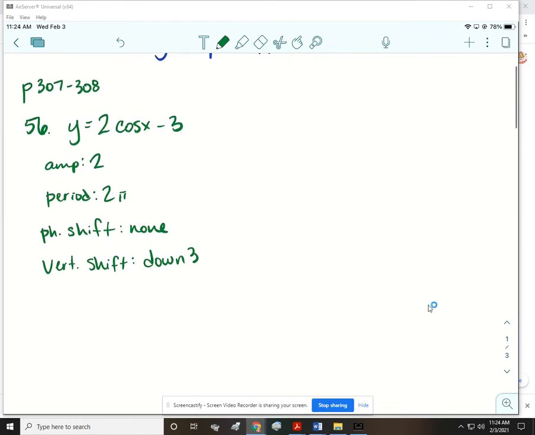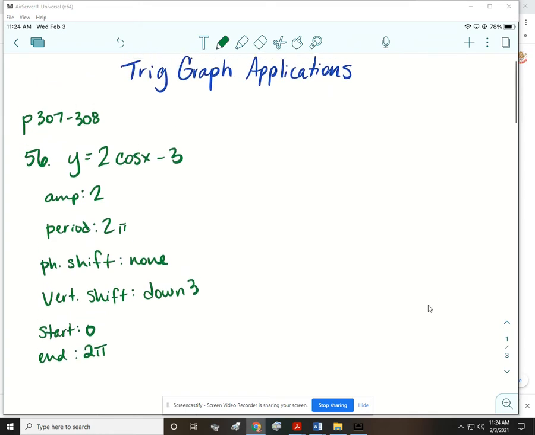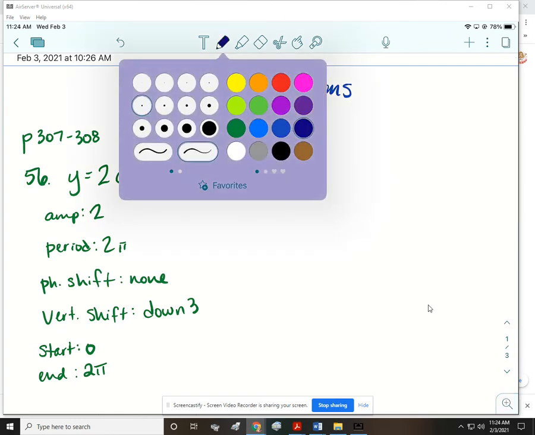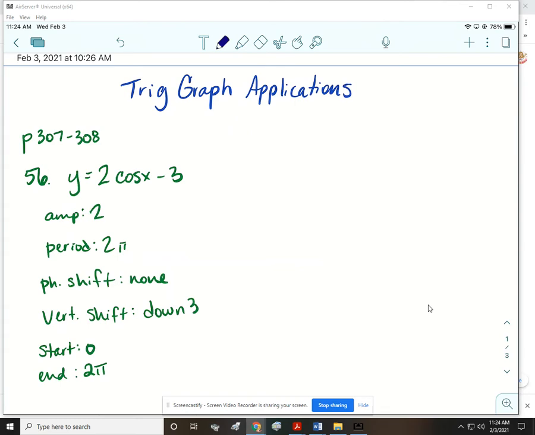Now, it's nice because we're going to start at 0, and then that would mean we're going to end at 2 pi. So let me go ahead and draw the x-axis.